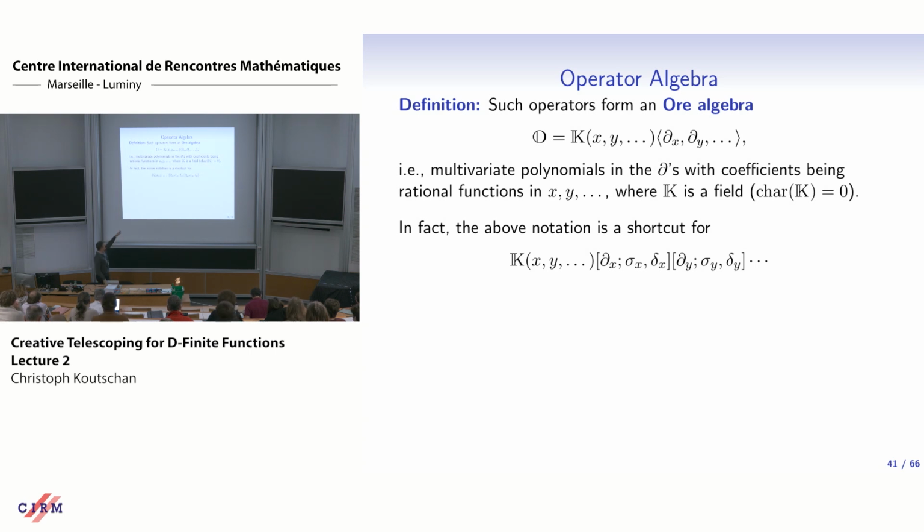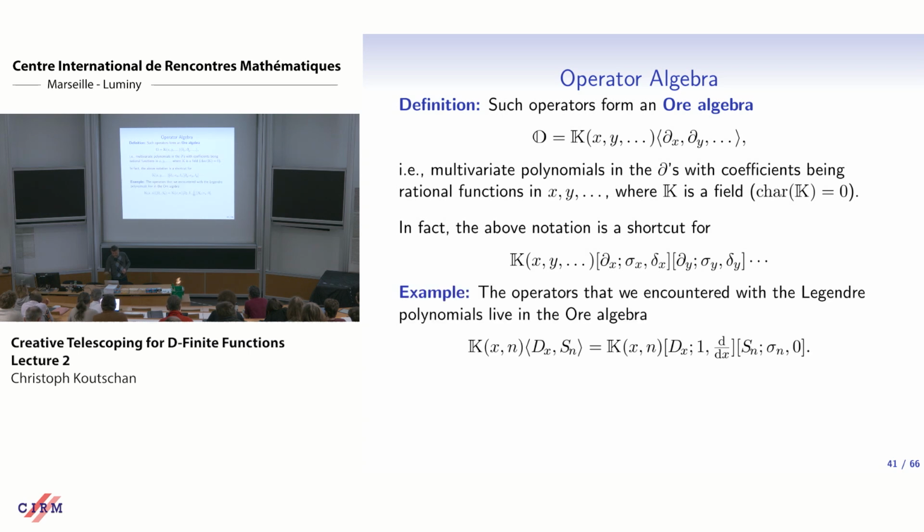There's a traditional, more complicated notation for such algebras where you also explicitly give this sigma and delta for each of the operators, but with our convention that D is always the differential and S is always the shift operator, we can replace it by this shorter, a bit sloppy notation.